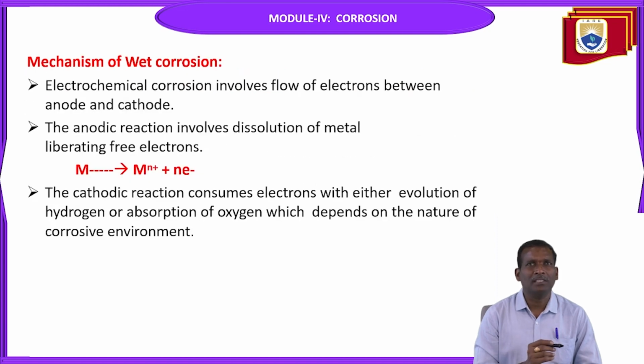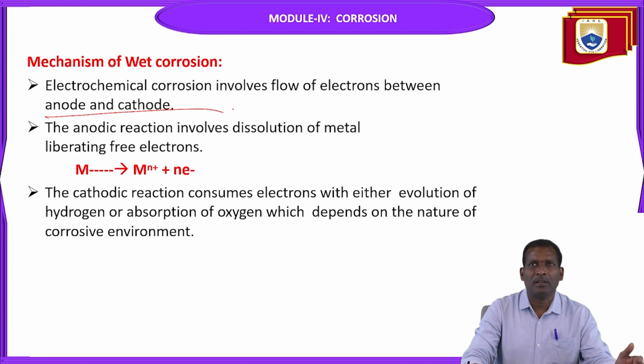The mechanism of wet corrosion: electrochemical corrosion involves flow of electrons between anode and cathode. The reaction we will see in this slide. The anodic reaction involves dissolution of metal and liberating free electrons, for example manganese. The cathodic reaction consumes electrons with either evolution of hydrogen or absorption of oxygen, which depends upon the nature of the corrosion environment.